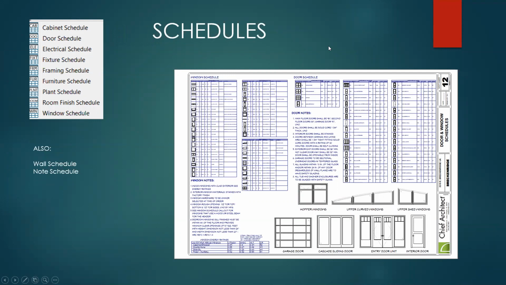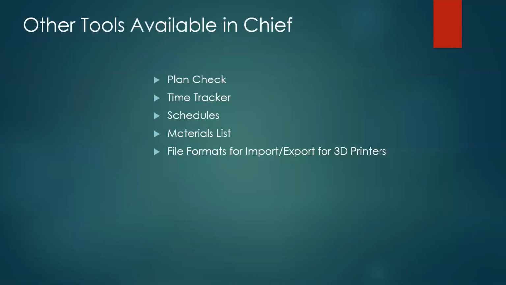If you're trying to create cabinet schedules, door schedules, electrical, fixtures, framing, furniture schedules, plant schedules, all kinds of schedules that are listed here, it automatically creates a table for you with maybe an elevation picture of what that window would look like or that door would look like, and all of the quantities. So this is a very handy tool, very quick to use, and make your drawings a lot more professional.